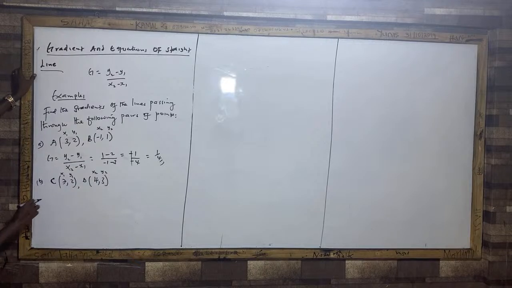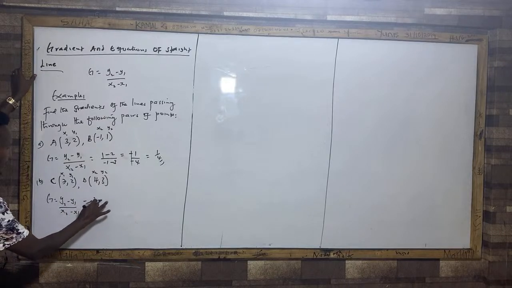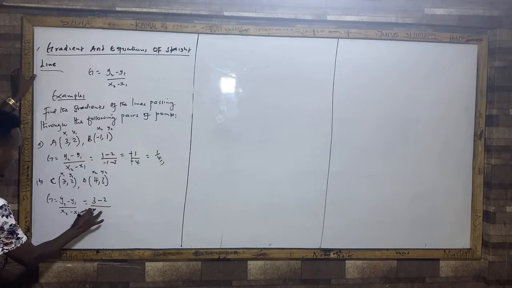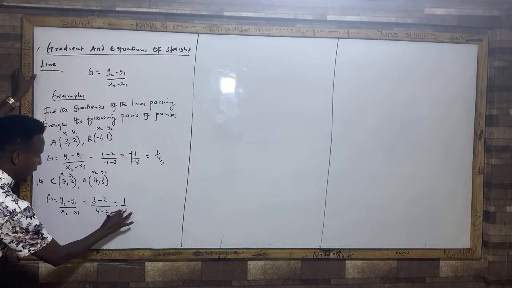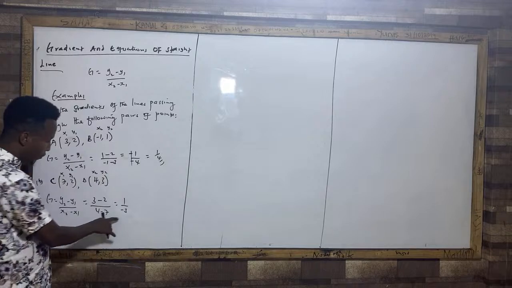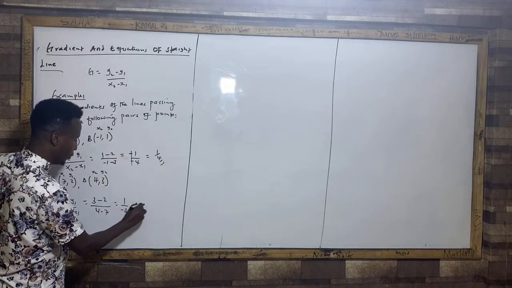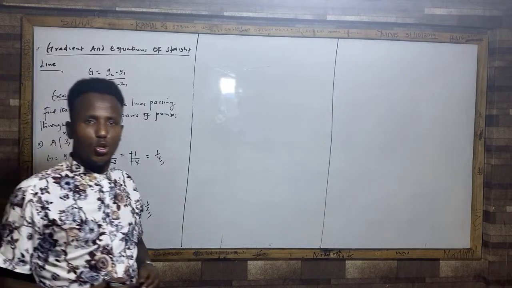So gradient is equal to y2 minus y1 divided by x2 minus x1, which is equal to 3 minus 2 divided by 4 minus 7. So it will be 1 over negative 3. Remember again, the denominator cannot carry a negative, so give the negative to the numerator. So it will be negative 1 over 3. So this is how gradient is gotten.